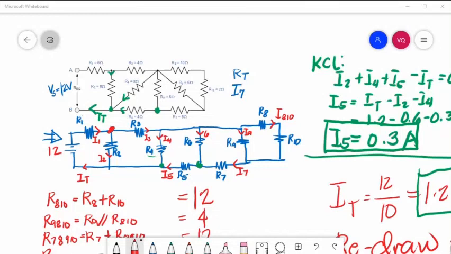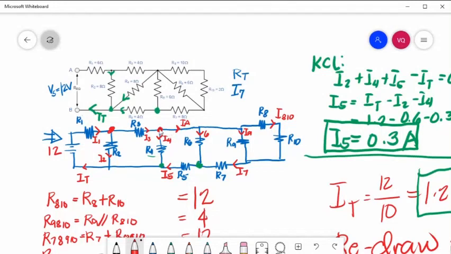Next branch current that we are going to solve is I6. This is the tricky part, because what current flows here even without a resistor? So, KCL, let's say this is the node, and we will name this current IA. Since we have I5 and I6, we will name it IA.